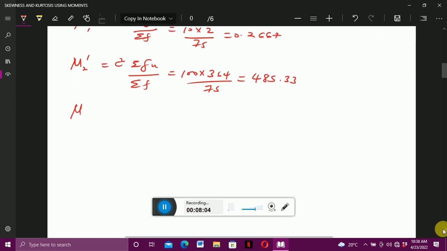We get mu3 prime, which is C raised to power 3, times sum of fu cubed over sum of f. This is 1000 times 104, divided by 75, giving us 1366.67.